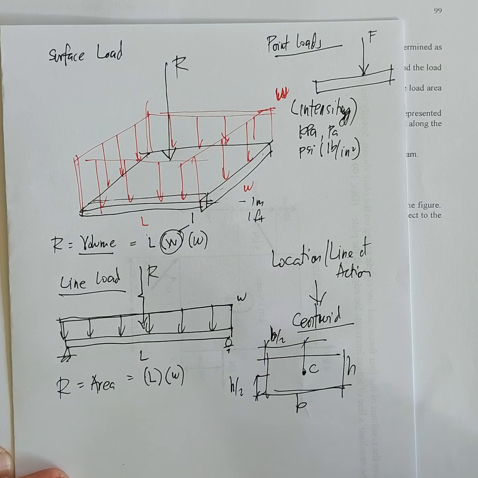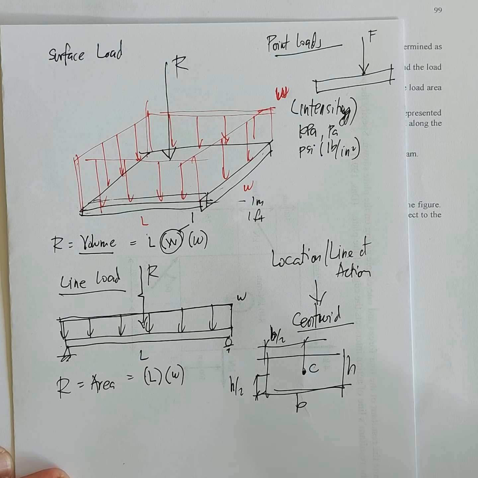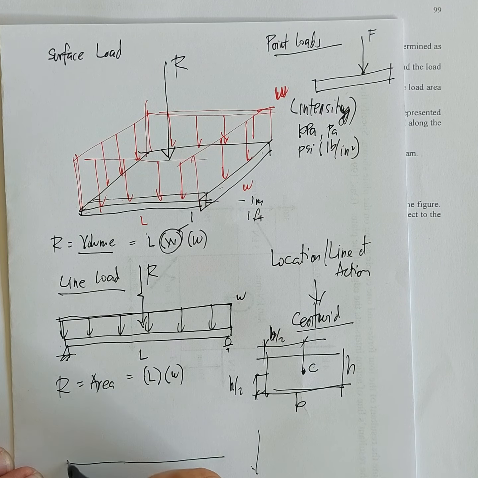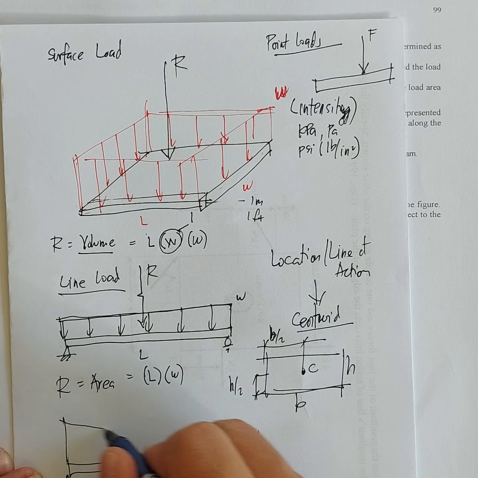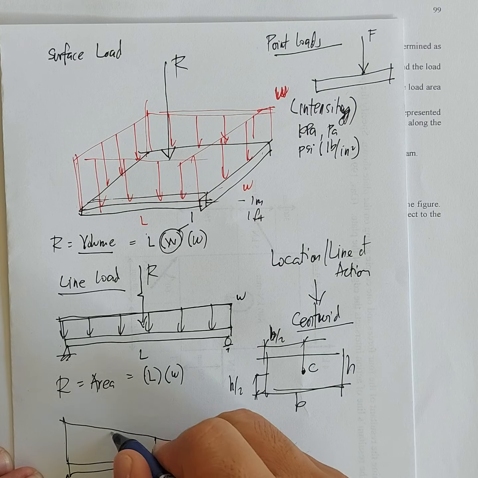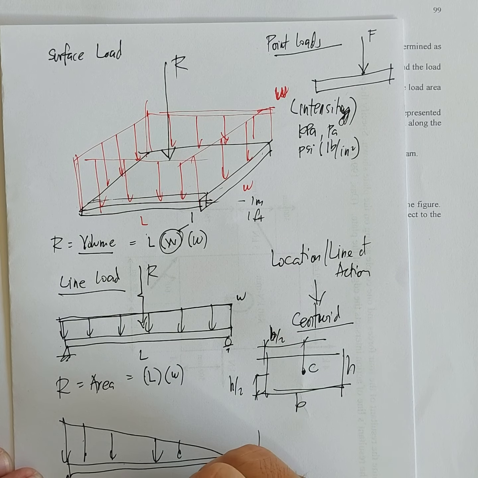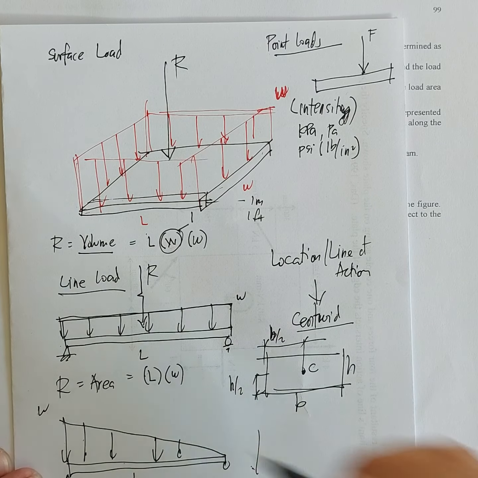Okay, for ano ba ibang klaseng loadings? For triangle, halimbawa may triangular load yung beam natin. Line load din lang naman. So triangle yung line load natin. This is the length and this is the intensity.